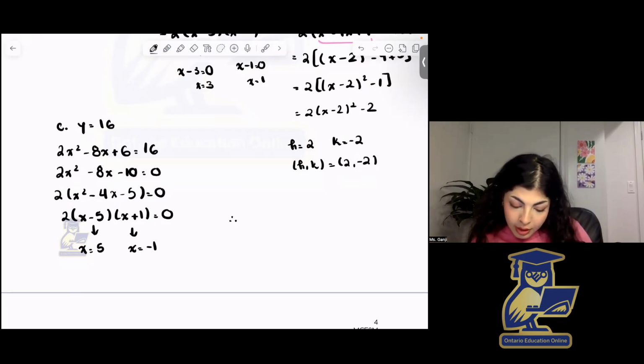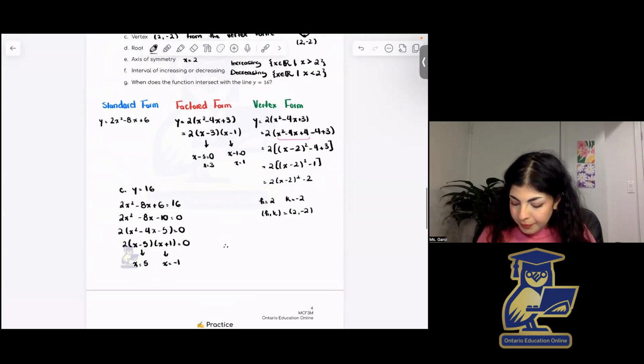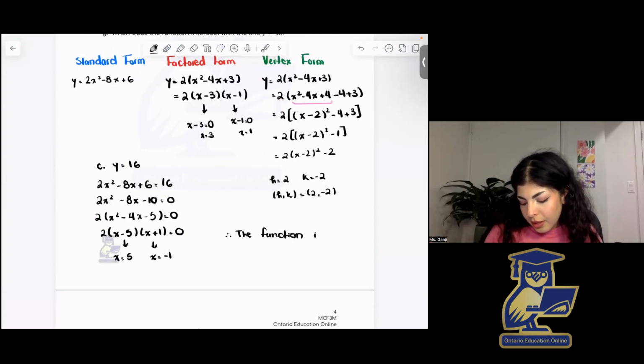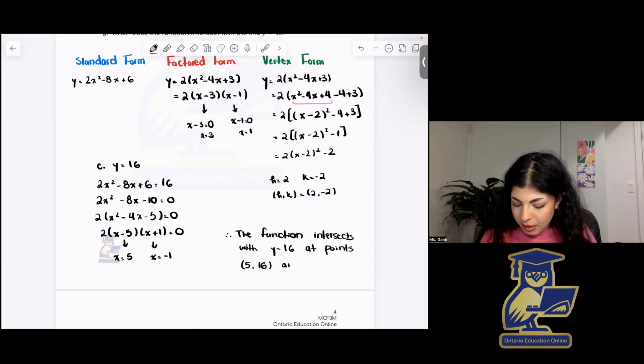Therefore, the function intersects with y equals 16 at two points. Because it's points of intersection, we write the points, so (5, 16) and (-1, 16).